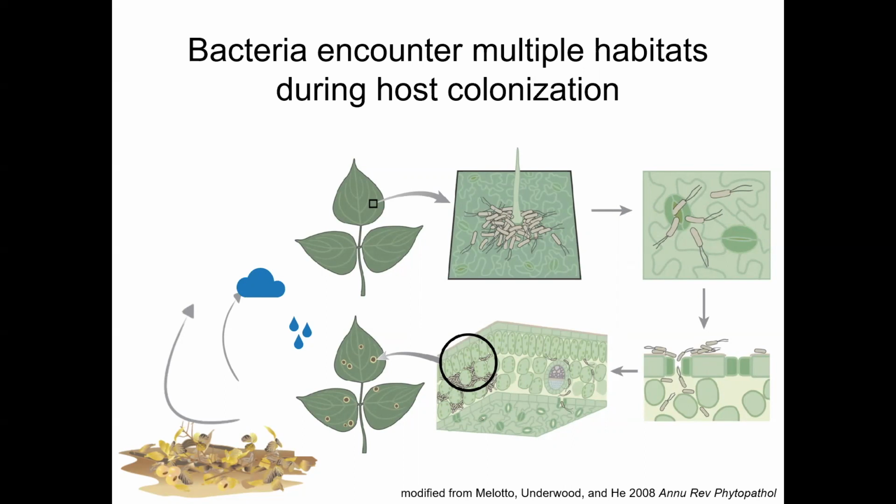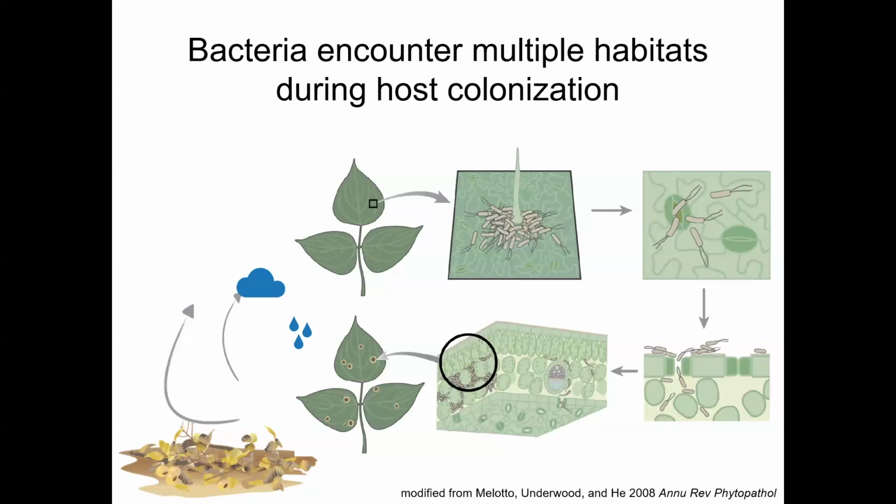Eventually, they're capable of moving through, typically stomata, to colonize the leaf apoplastic space, so actually within the leaf itself, and they can reach, at that point, relatively high population sizes and cause visible disease symptoms. So these strains maintain many different compatibility traits that are necessary for host colonization at these different steps.